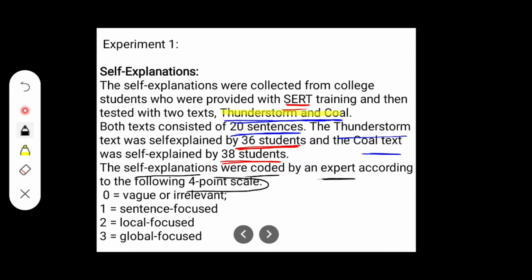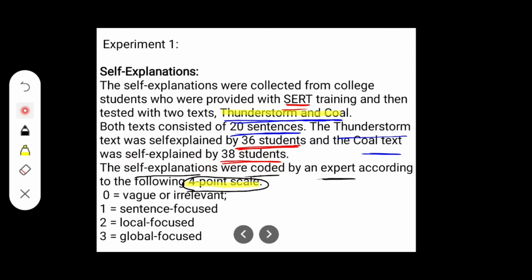According to the 4-point scale, they assigned values 0, 1, 2 and 3. 0 indicates that the data is irrelevant or vague. 1 indicates that it is sentence focused, 2 indicates it is local focused, and 3 indicates it is global focused. This is the 4-point scale used for coding the self explanations.